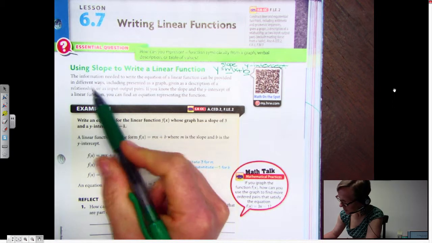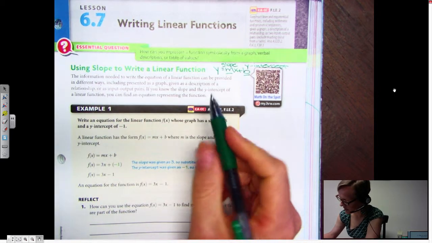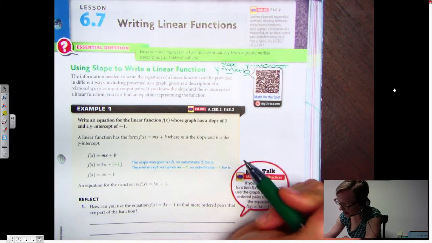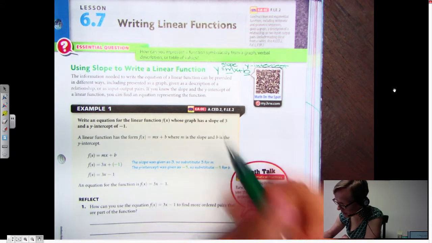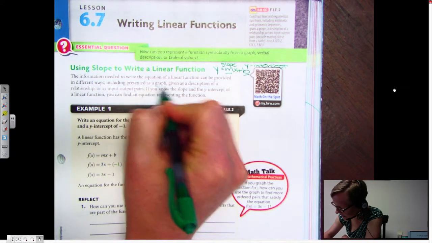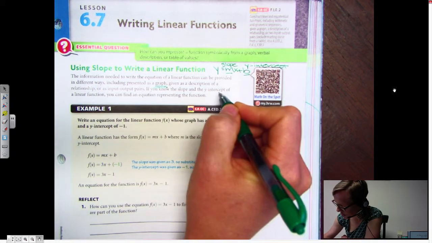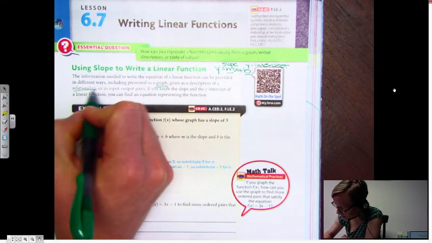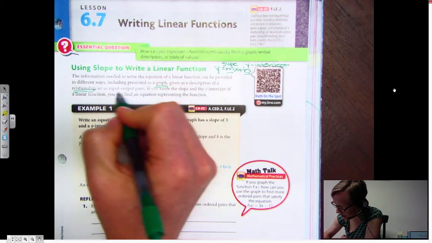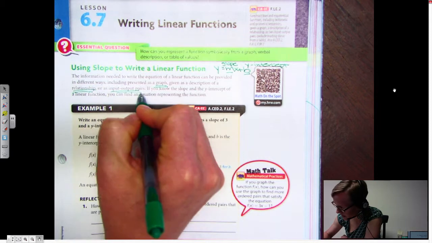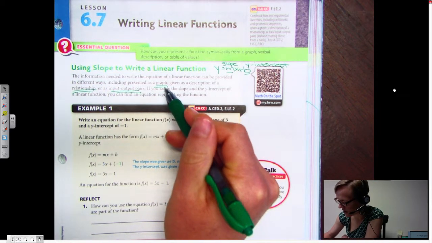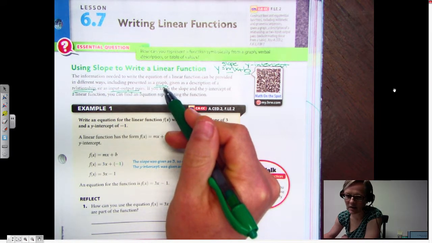So the information needed to write the equation of a linear function can be provided in different ways, including presented as a graph, given as a description of a relationship, or as input-output pairs. So pretty self-explanatory. A graph would be a coordinate plane, a graph of a linear function, a line.